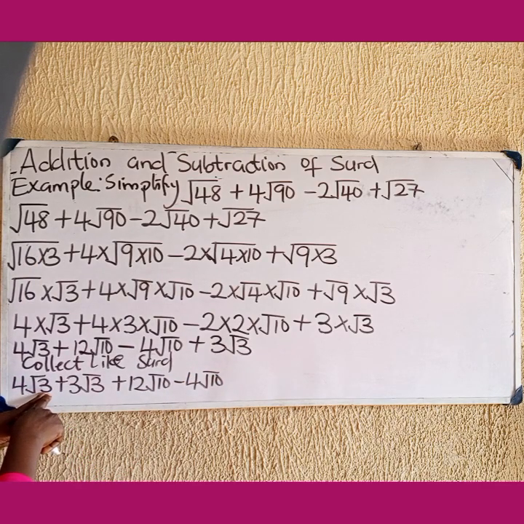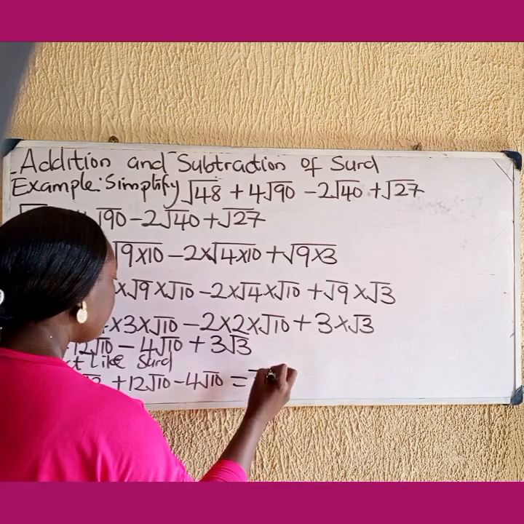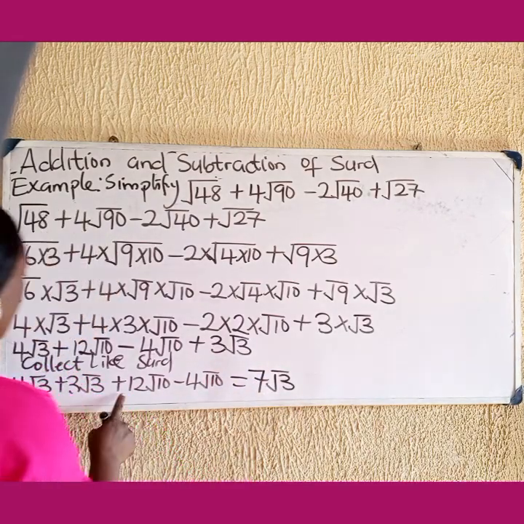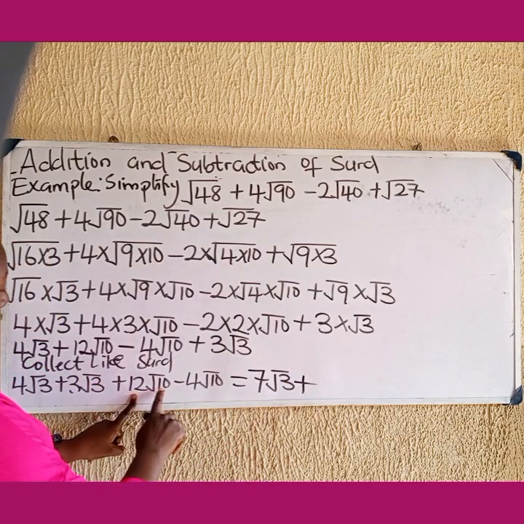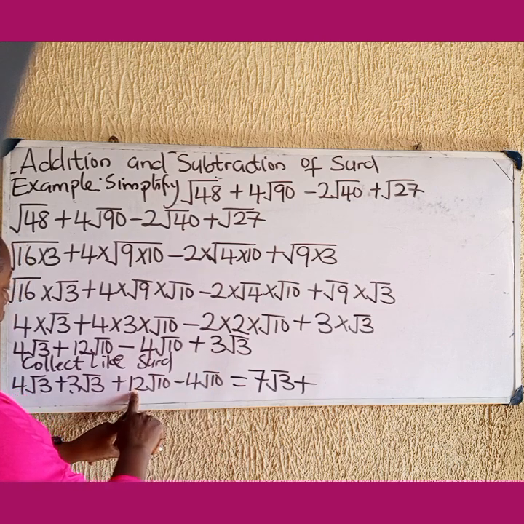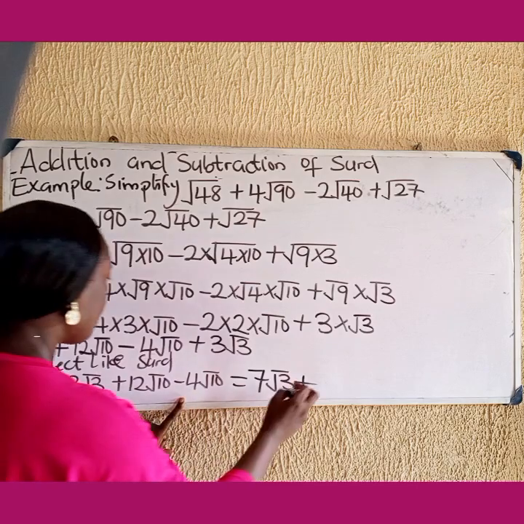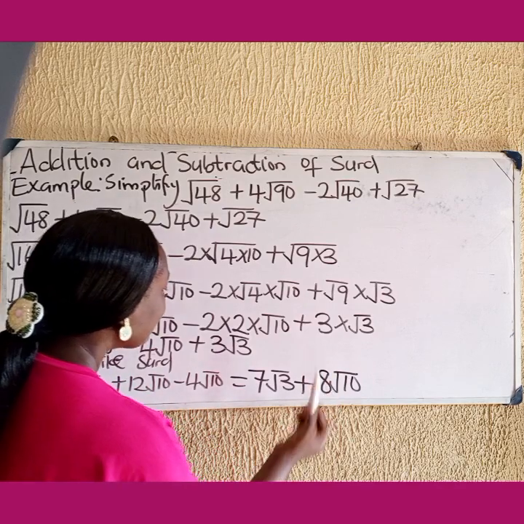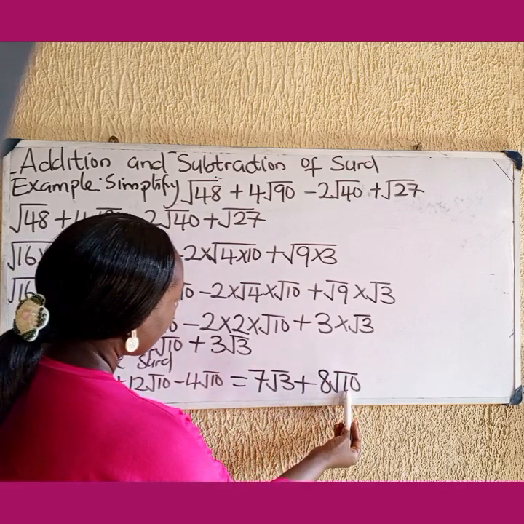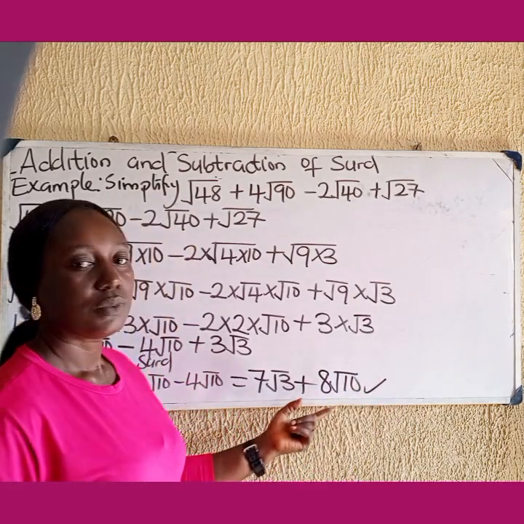Now since root 3 and root 3 are like surds, I have to add them, and 4 plus 3 will give me 7 root 3. Now coming to this place, plus I have root 10, so I have to subtract. 12 minus 4 will give me 8 root 10. And since root 3 and root 10 are not like surds, I will leave my answer like this. So I hope it's clear.